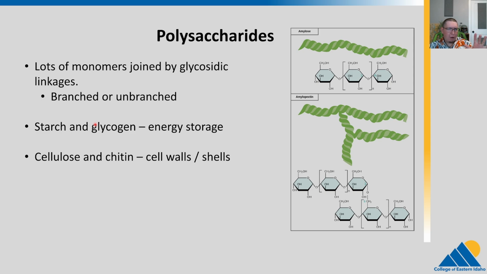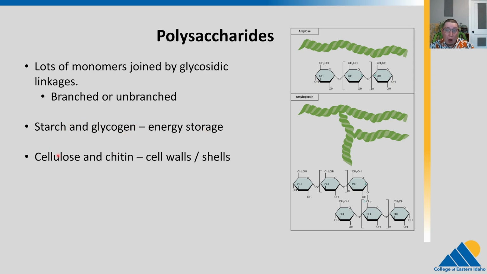Humans, kind of medium-term storage of energy is often done in glycogen. So we tend to have or want to have a bit of free glucose around so we can get instantaneous energy. But if we're going to exert ourselves for longer periods of time, more than a couple of minutes, we're going to start going into our glycogen stores. Glycogen is a polysaccharide. Again, it's just a bunch of these glucose molecules stuck together, but it's in a much more branched arrangement. Those are energy storage.